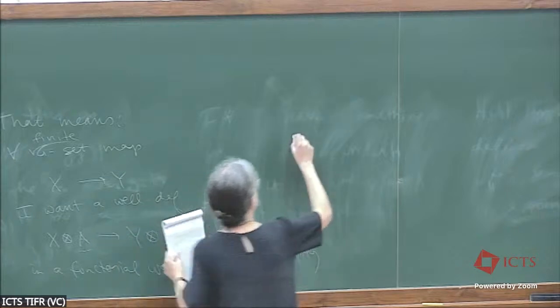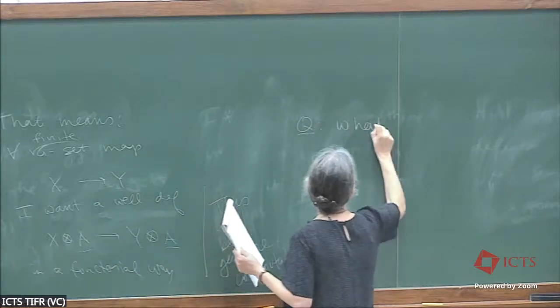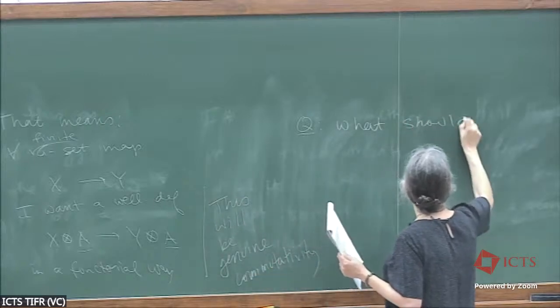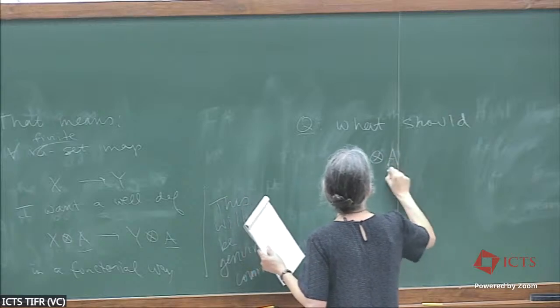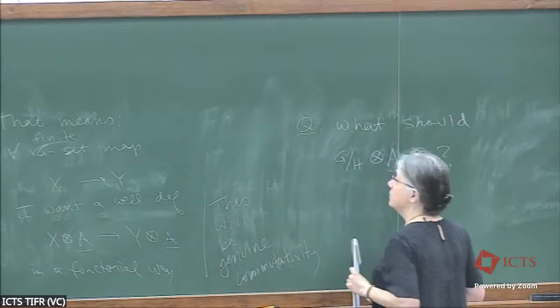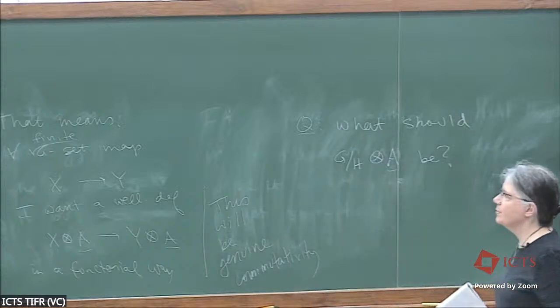So the question now is, what should G mod H tensor A be? And then the second question, we'll talk about it in a moment. First question is, what should that be?